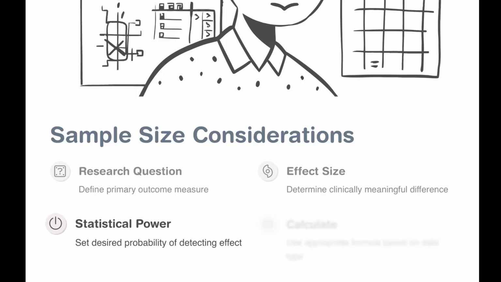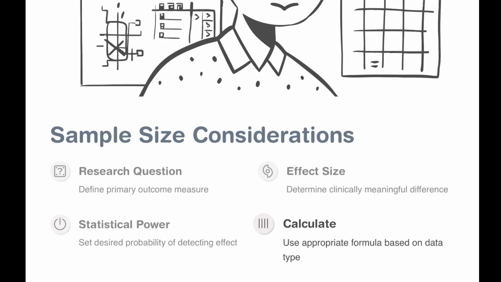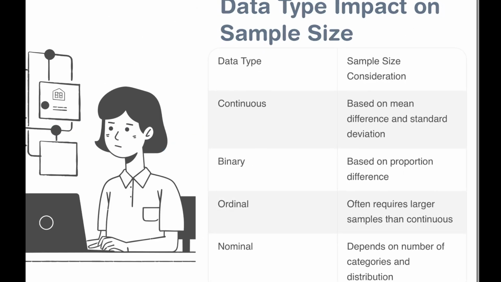We need to set the desired probability of detecting effects in our study, and we will calculate it accordingly. So we will use an appropriate formula based on data type.